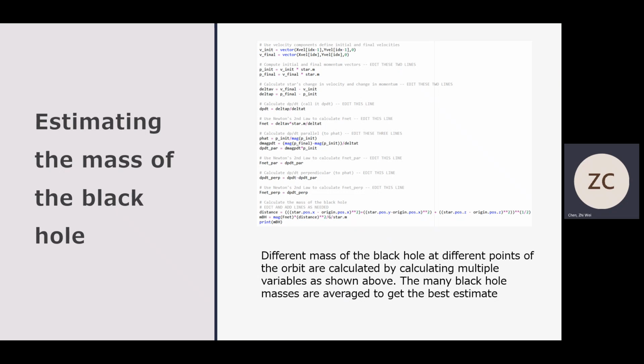There's actually a lot of those, such as delta V, delta P, dp/dt, F_net parallel, and perpendicular. After plugging in all the formulas, we were able to get a black hole mass for about every second. And we have to average all the black hole values to get the best estimate for the mass of the black hole that we used in part 2 of the lab.